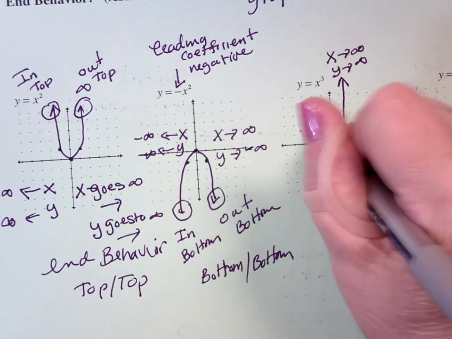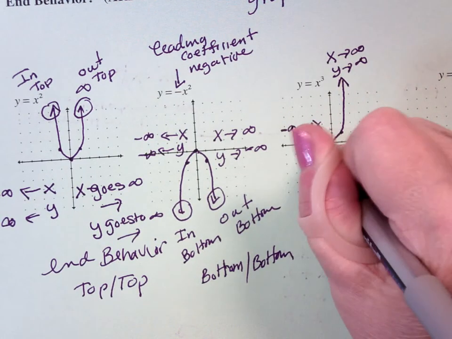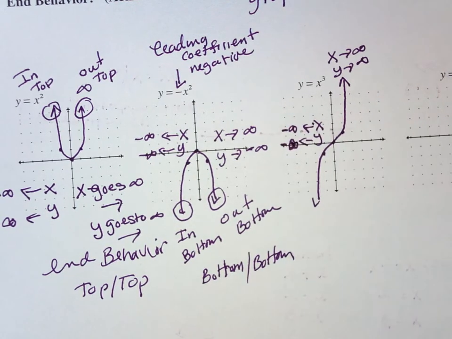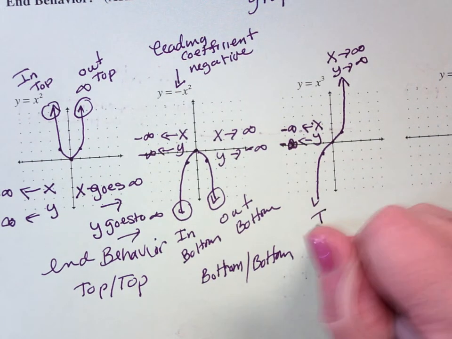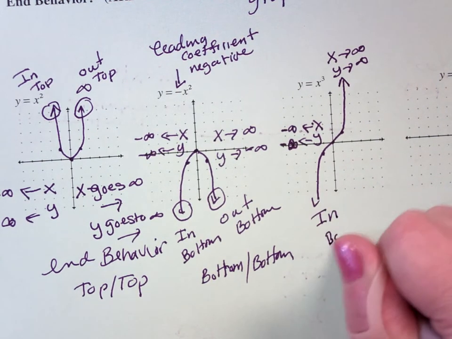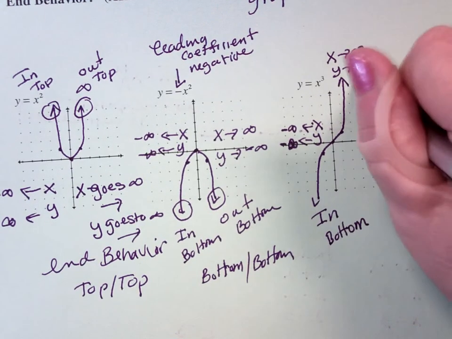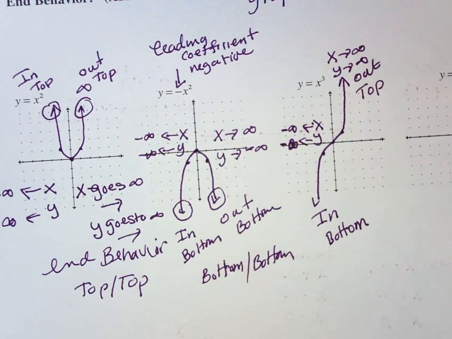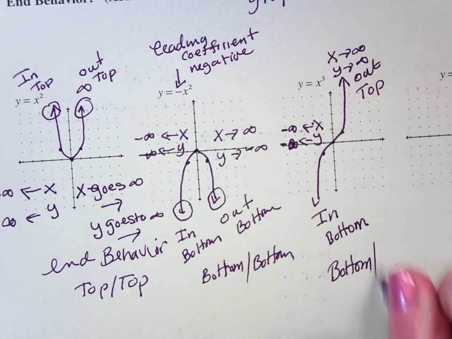And as x goes to negative infinity, where's y going? Negative infinity. Now, I look at this as in from the bottom as I'm moving from left to right, and out through the top. So this guy is bottom, top.